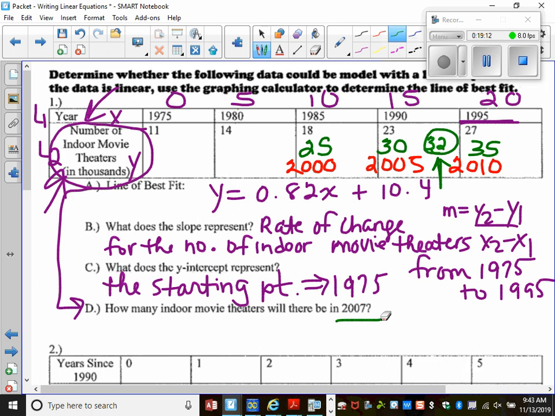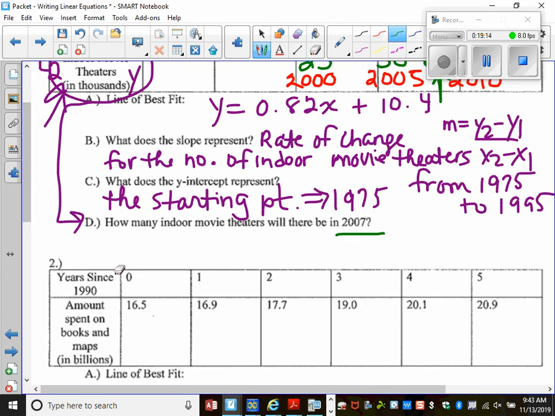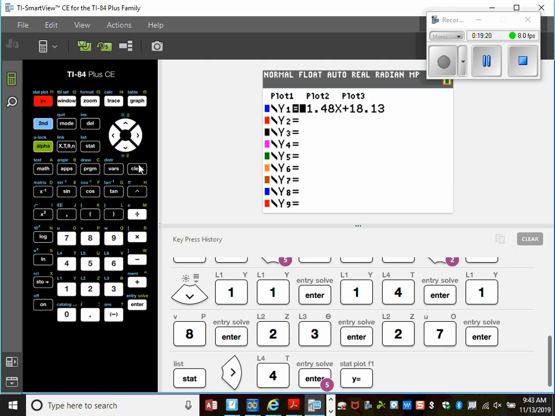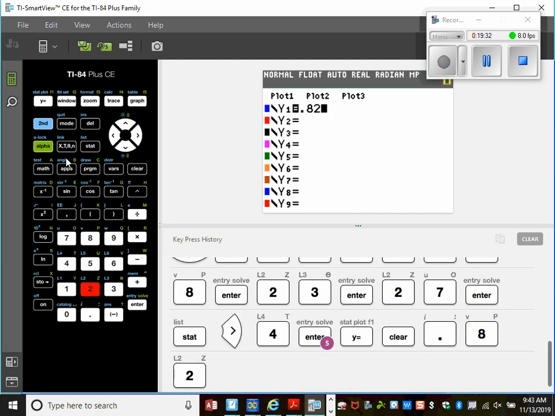So what you're going to do is go back to your calculator. You're going to hit the y equals key. Hit clear to clear your other equation out. And you're going to type in y equals 0.82x plus 10, what was it, 10.4?